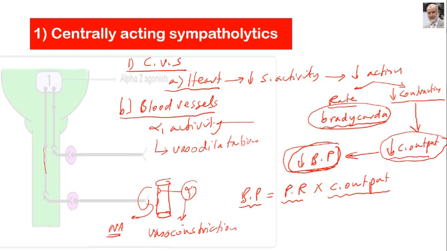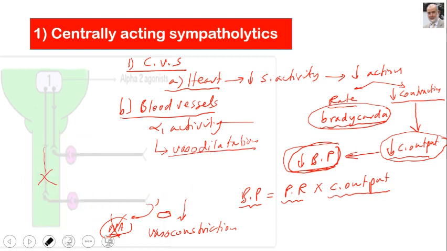Now, if we block sympathetic outflow, there is no release of noradrenaline from the nerve terminal. So what will happen to the blood vessel? The blood vessel will be dilated. Vasodilatation. So this is the second action of these drugs on the blood vessel.